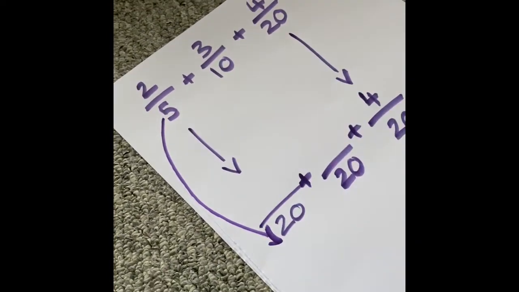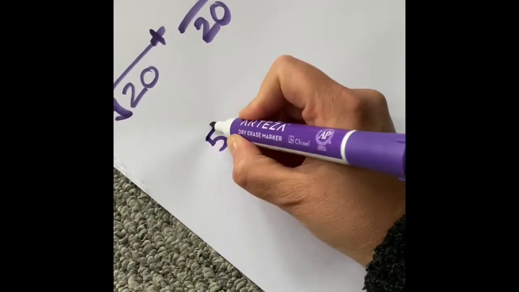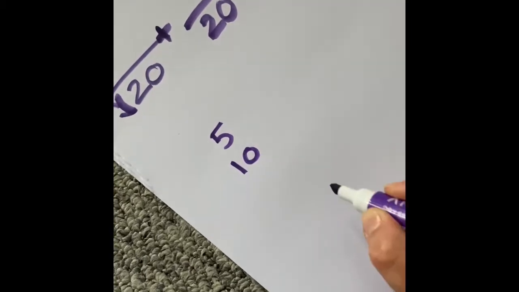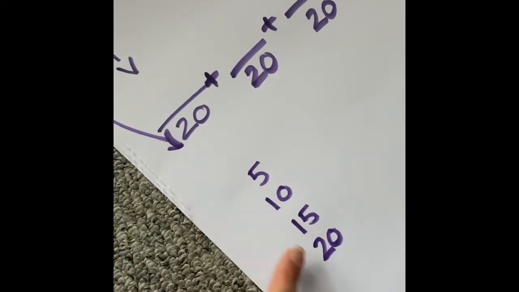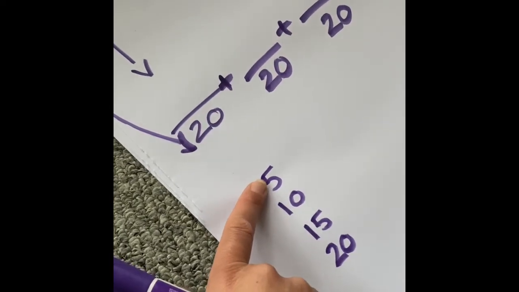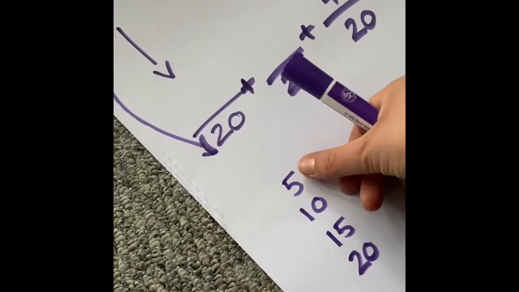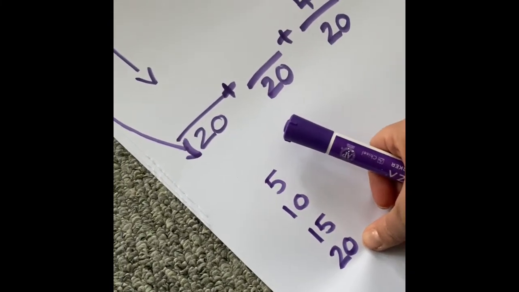from 5ths to 20ths? Now this is when we need to have a think about our times table. Or you might want to count up in your head. What comes next? Okay, so I know that I need to multiply 5 by 4 to get to 20. 4 lots of 5, sorry. 1 lot of 5, 2 lots of 5, 3 lots of 5, 4 lots of 5, okay?